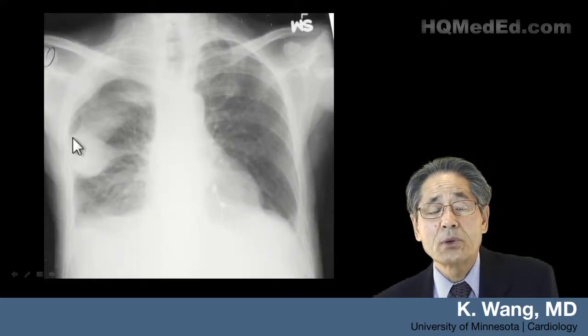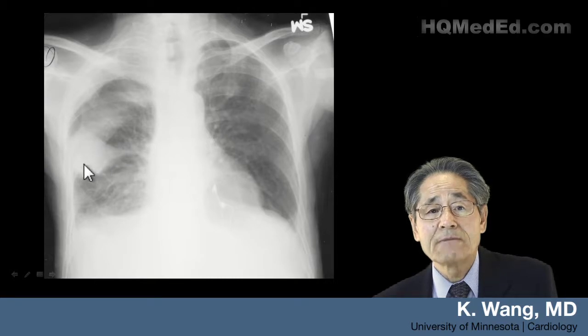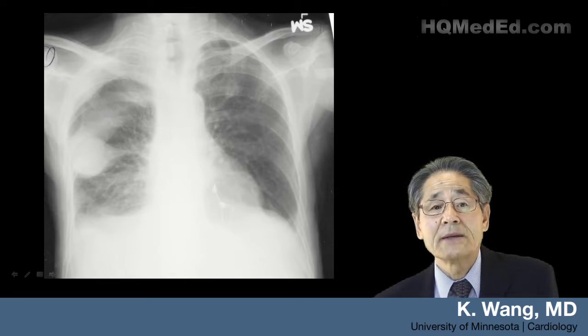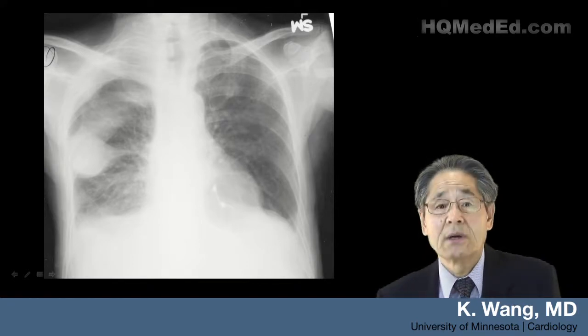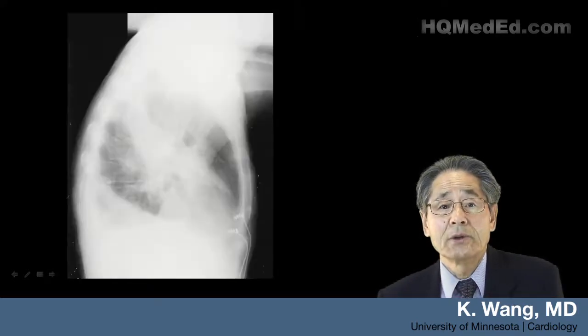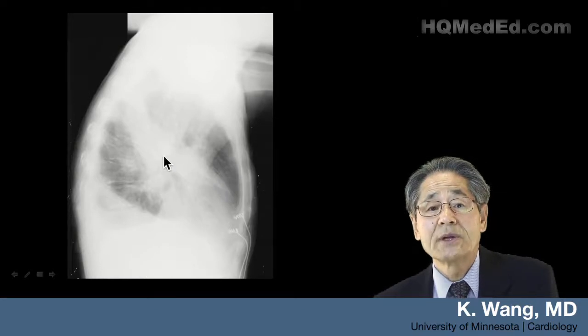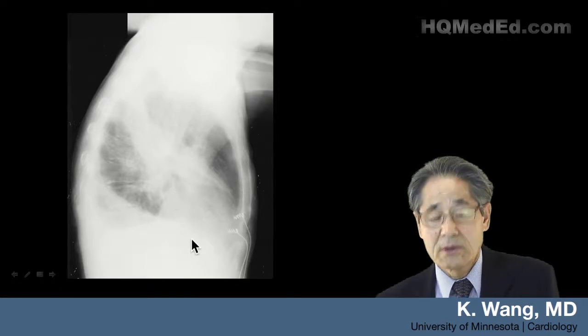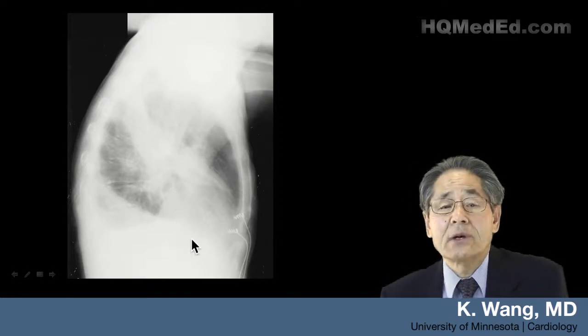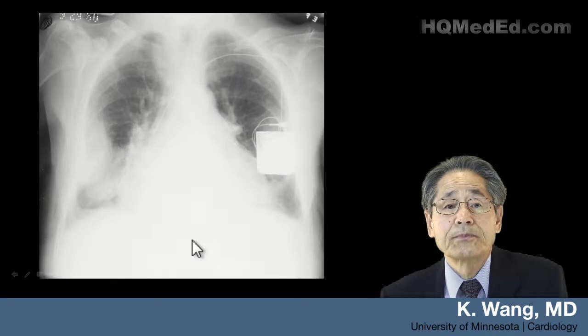This is fluid loculated in the minor fissure, and this hazy density is fluid loculated in the major fissure, as findings or manifestation of congestive heart failure. And you can appreciate the fluid in the minor fissure and the fluid in the major fissure, manifestation of congestive heart failure.